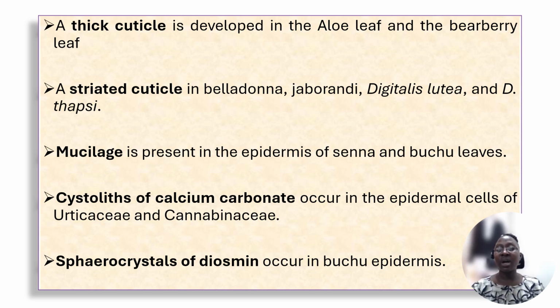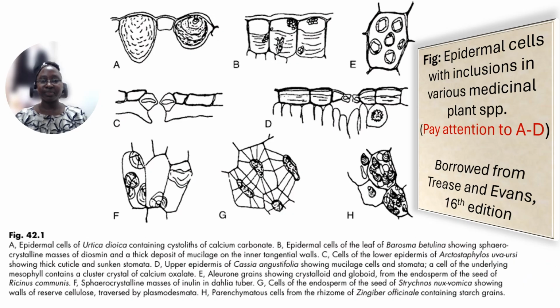Spherocrystals of diosmin occur in buchu epidermis. If you can watch the video on diagnostic substances, we discussed much about the calcium carbonate crystals and the families that mostly have them. We have about 5 families, so please go and read about this for more understanding.